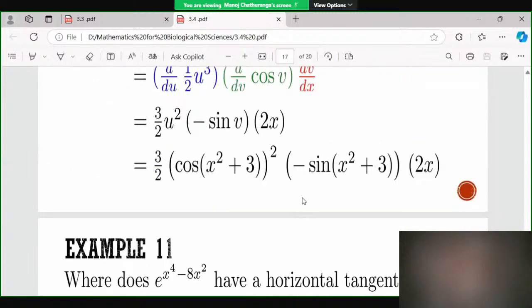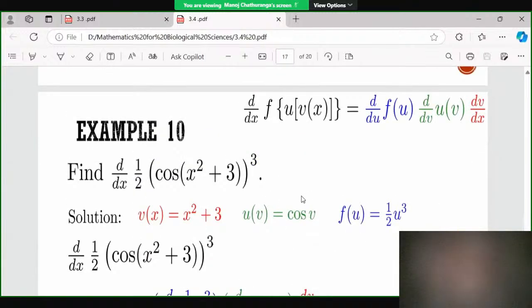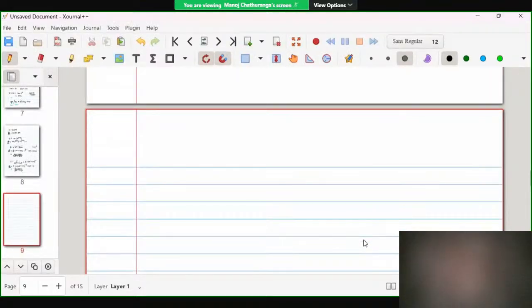Let me see whether I have something like that. Think about this: e to the sine of x squared divided by x plus 1.